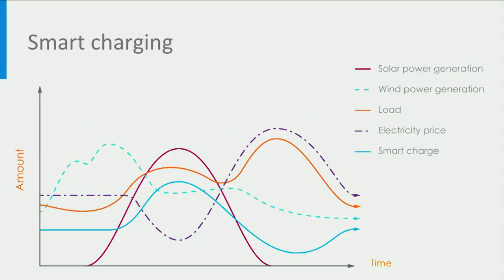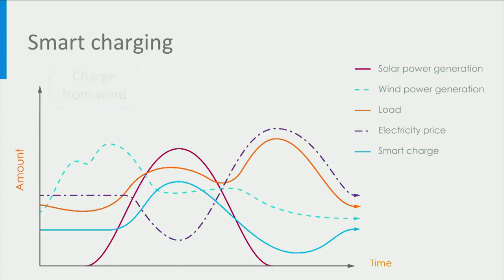In this graph, wind generation, solar generation, energy prices, the load on the grid, and electric vehicle charging profile are shown as a function of time. The wind and solar power generation have their maximum at the start and middle of the day, respectively, while the energy prices and load on the grid reach their peak at the end of the day.